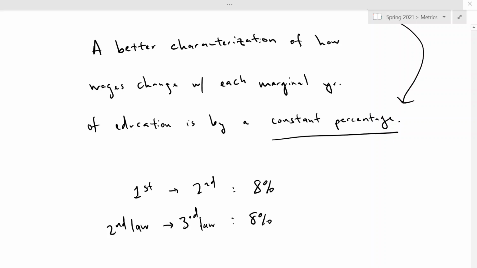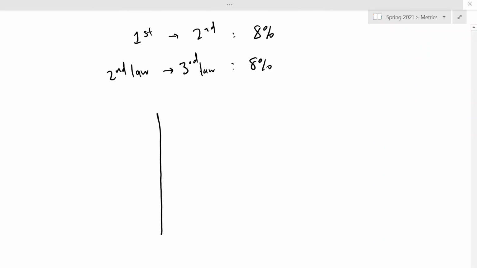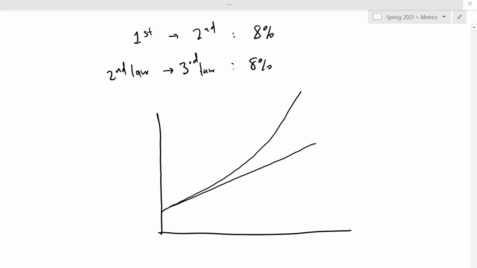If you're moving all through grade school, getting 8% every year, you're getting that compounding, so it works a bit like compound interest. In the end, if you keep adding by a constant percentage, you're going to get increasing returns to scale. So instead of 54 cents every year, you get increasing returns as you have higher and higher levels of education.